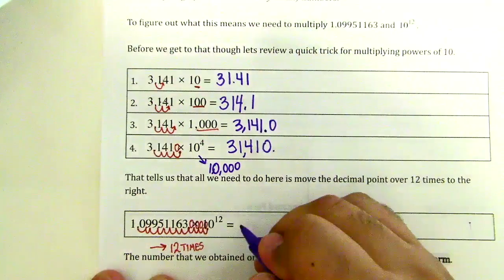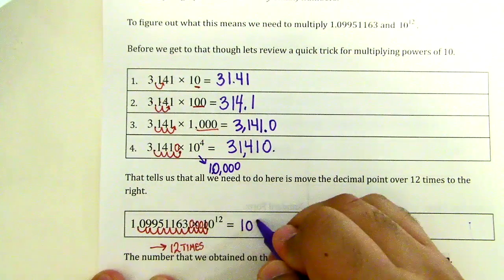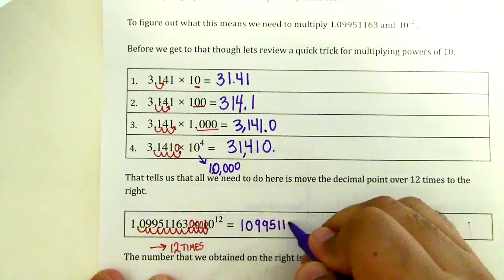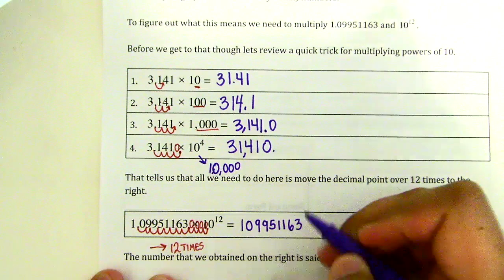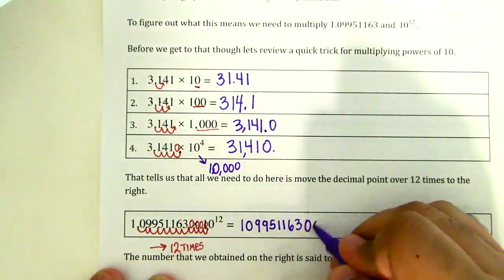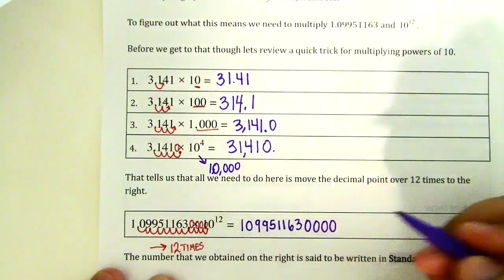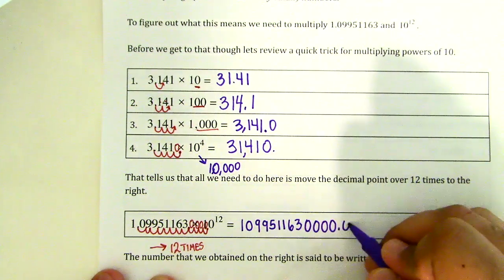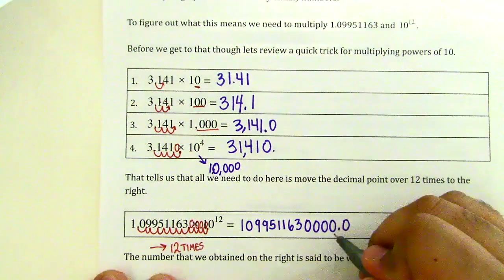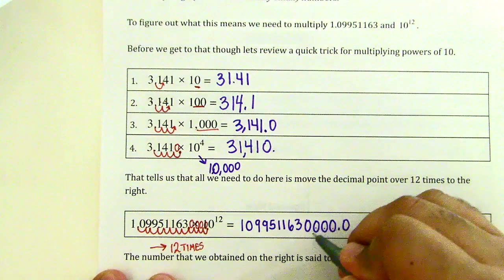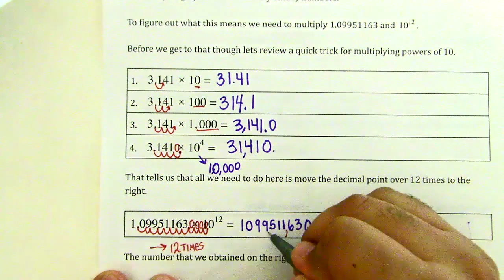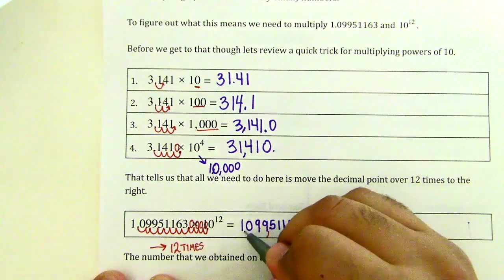So I'm gonna write 1, 0, 9, 9, 5, 1, 1, 6, 3, and 1, 2, 3, 4 zeros. I could say 0.0 if I want. I don't need to, right? Now, last thing I'm gonna do is I'm gonna count from the right. 1, 2, 3, comma. 1, 2, 3, comma. 1, 2, 3, comma. 1, 2, 3, comma.